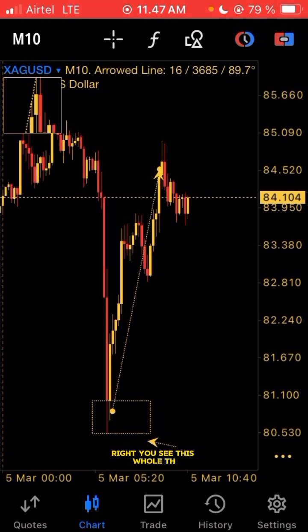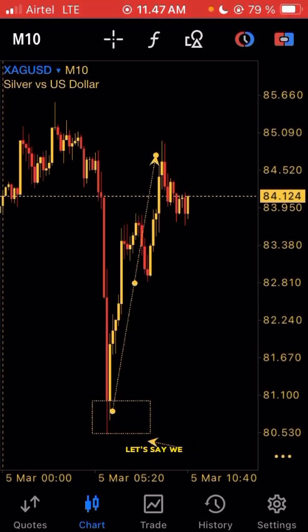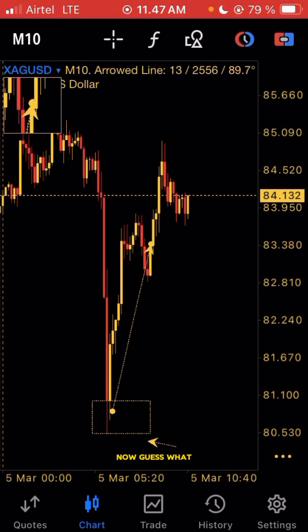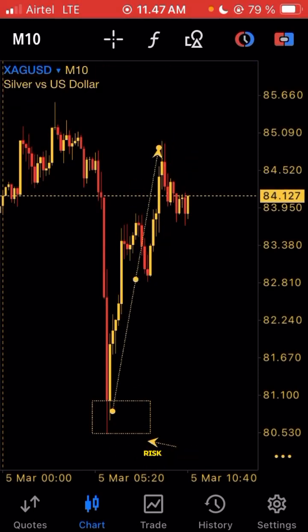Let's say for the entire month, we have 100 trades. You're going to see, let's say we have 100 trades with 20 losses or something like that, or even less than 20 losses. Now, guess what? That whole risk to reward ratio has been 1:5 all through. Now, calculate that, and you're going to see I am much more profitable even when I have a loss.